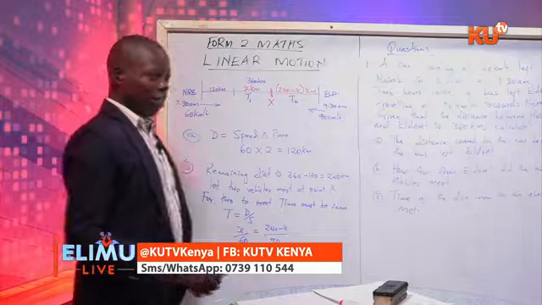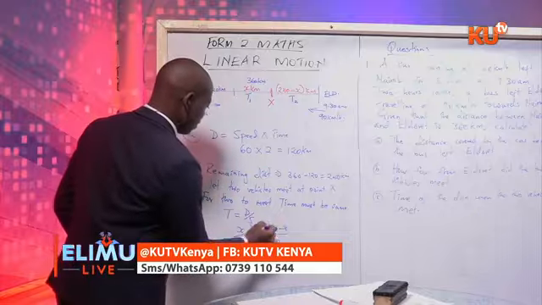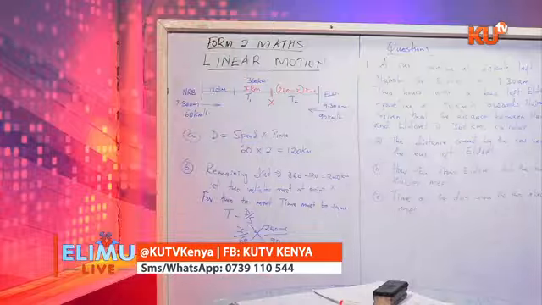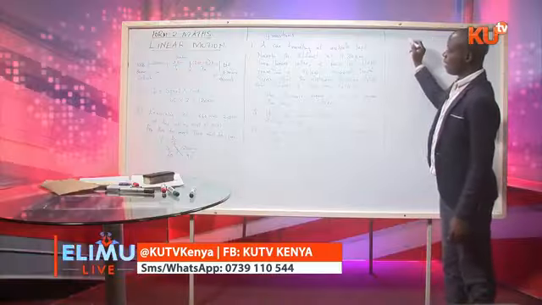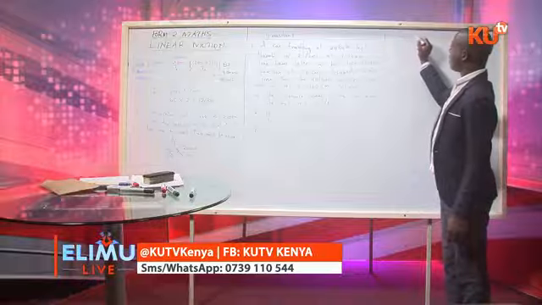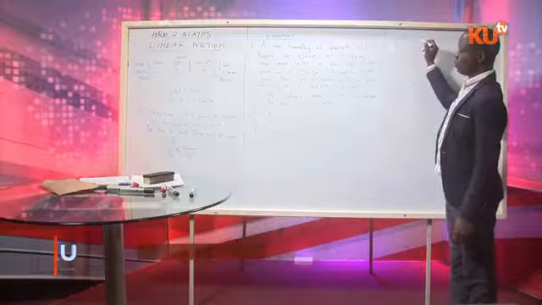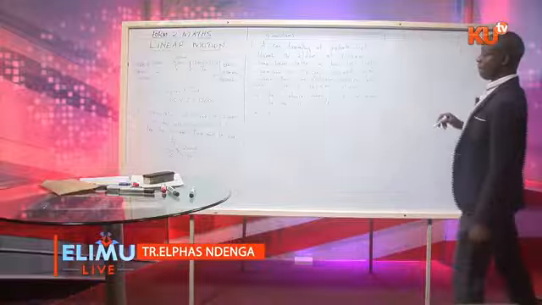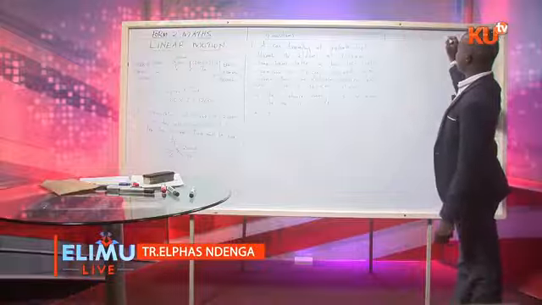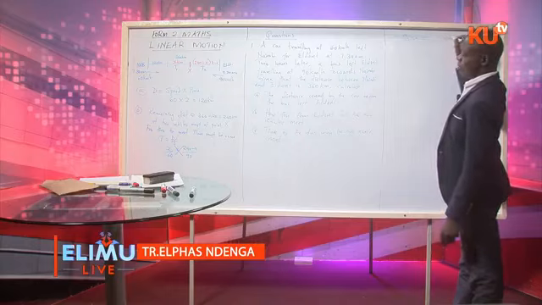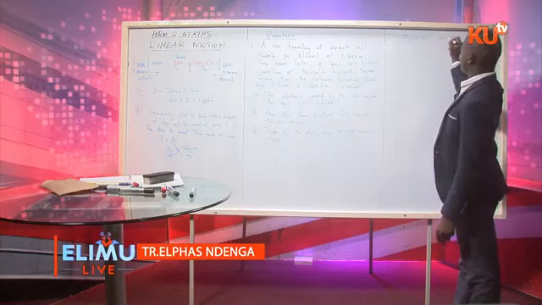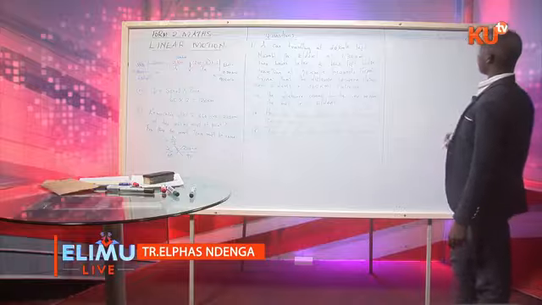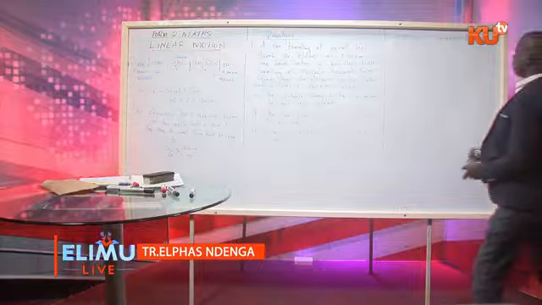So once we have this, we cross multiply. And for the sake of our question, we'll move to the far end. We have 90x is equal to 60 times 240 minus 60x. 60 times 240 is 14,400. We collect like terms.